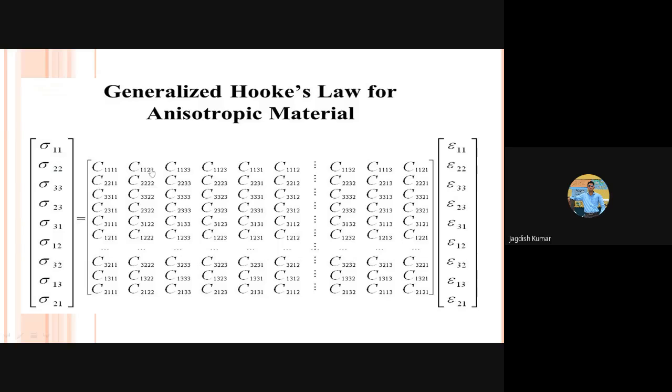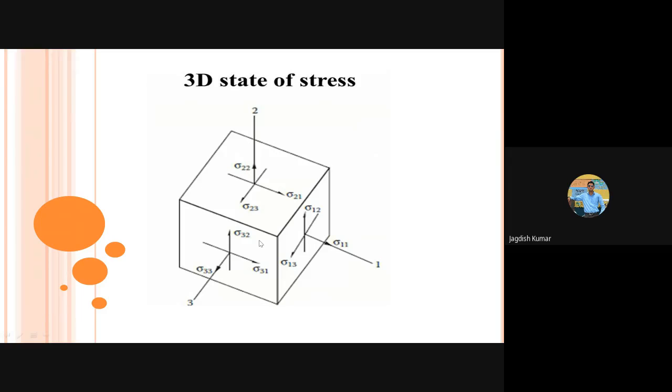So how can we find it with the help of this matrix? Sigma 1 1 will be equal to C1111 into epsilon 11, plus C1122 epsilon 22, plus C1123, and so on. That's how we can find out various stress components, provided you have been given the strain components. Or you can do it the other way. Suppose somebody gives you the strain applied on the crystal and asks you to find the stress. Then you have to apply the inverse of this matrix. So this is the general form of Hooke's law for any anisotropic material.